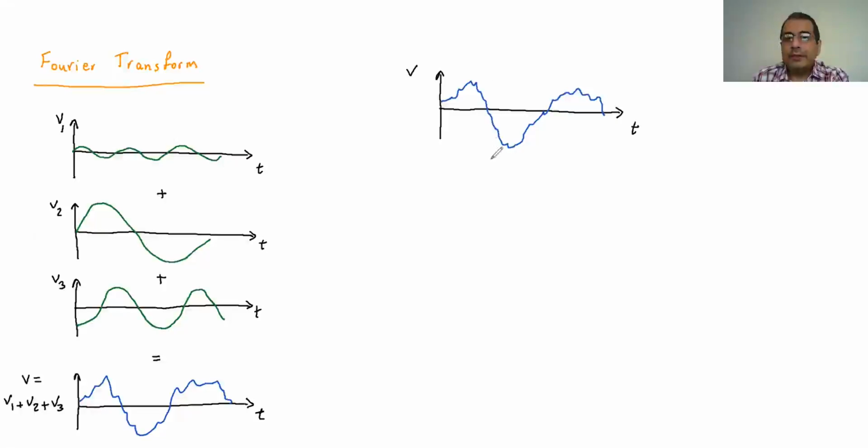Assume I have this signal, and somehow I can find a way to break it down into three signals, so I can find this and get it.